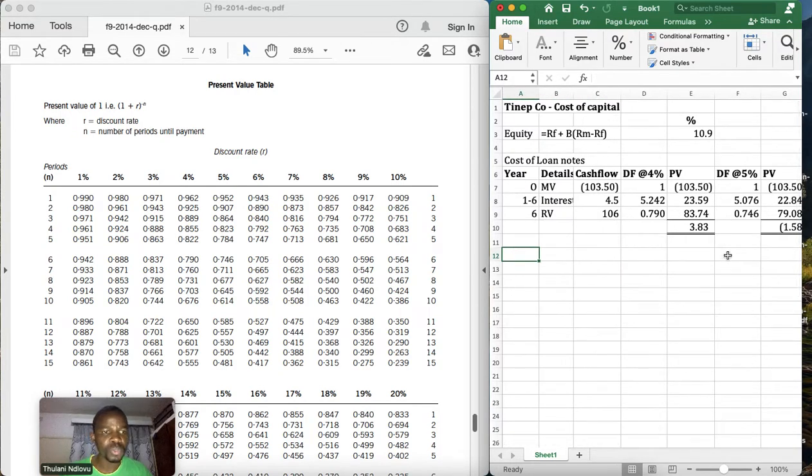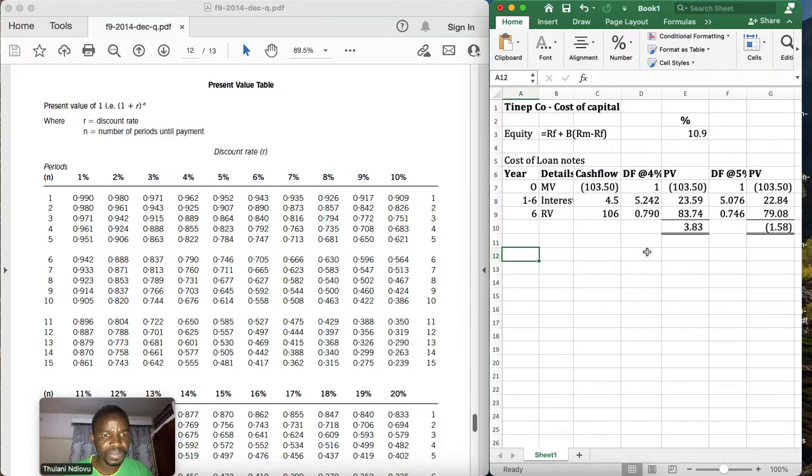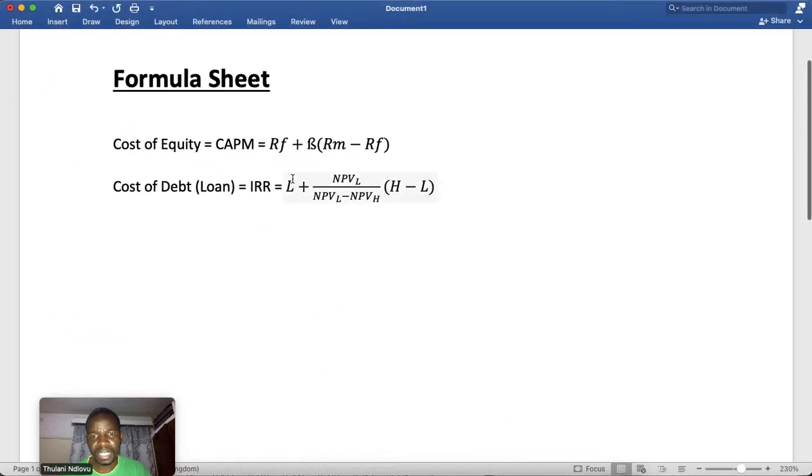Now we have to apply our IRR formula. As I said, it's the lower rate plus NPV of the lower rate divided by the NPV of the lower rate minus NPV of the higher rate, all multiplied by higher rate minus lower rate.